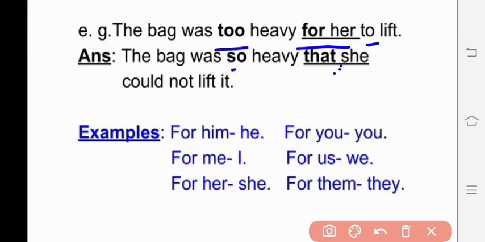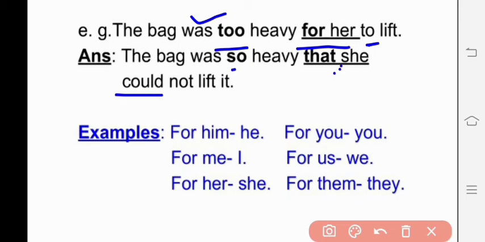Immediately after that, put the pronoun. So the answer is like that: the bag was so heavy that she could not lift it. Here could not relates to the past tense was, that's why we have to apply could not. If the sentence is the bag is too heavy, then we convert to cannot.